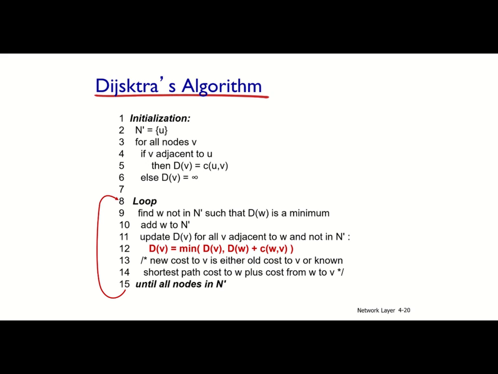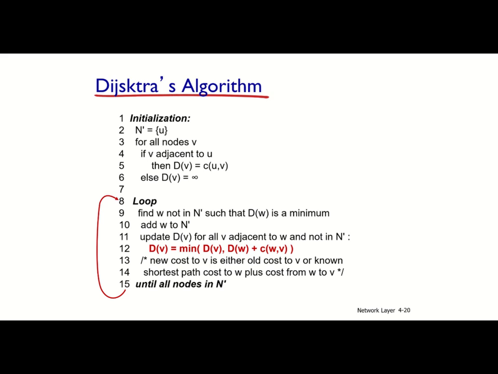But later, as we go through this loop, the distances become less and less until at the end of the algorithm, all of the d of v's show the minimum possible cost of path between u, which is the source, to all other nodes v in the graph. So what does this loop do?